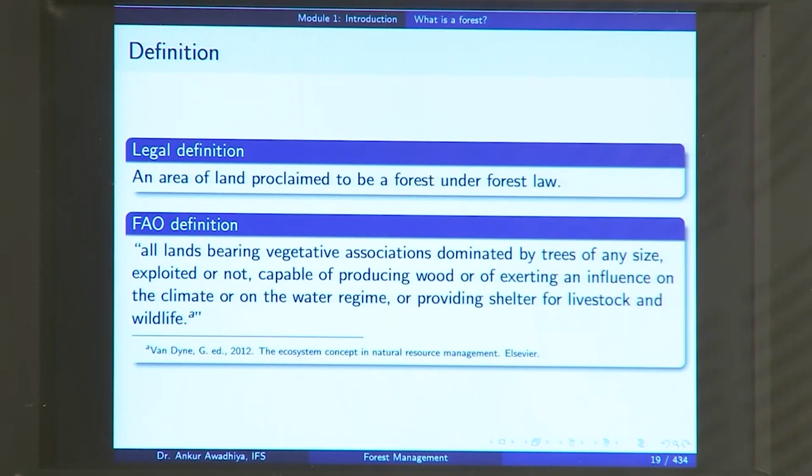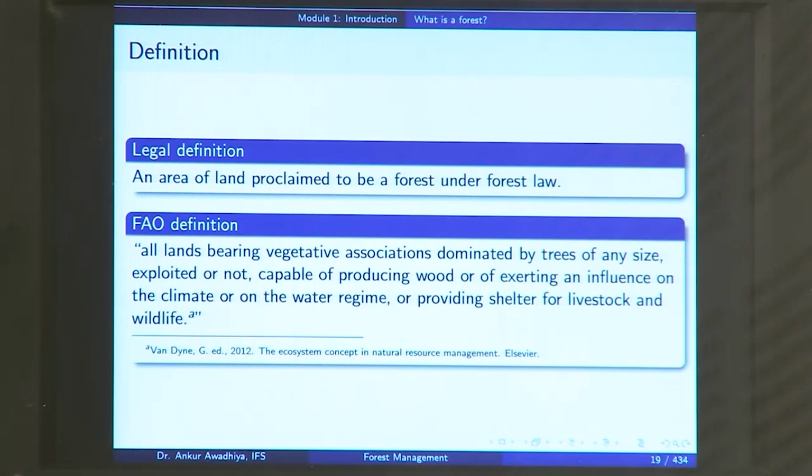So, if you talk about the FAO definition, and you have a land that was proclaimed to be a forest under a forest law, but today does not have any trees or any vegetation, then you will say that this area is not a forest according to the FAO definition. So, you can have one land that is a forest under one definition and not a forest under another definition.